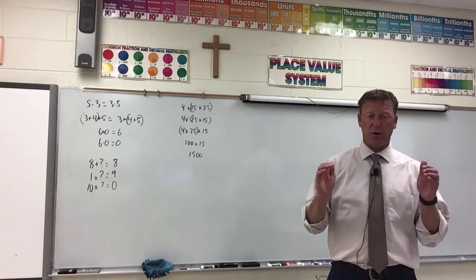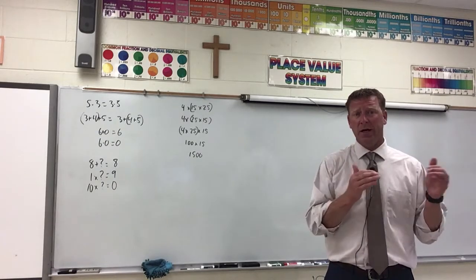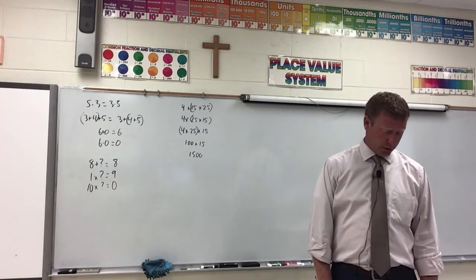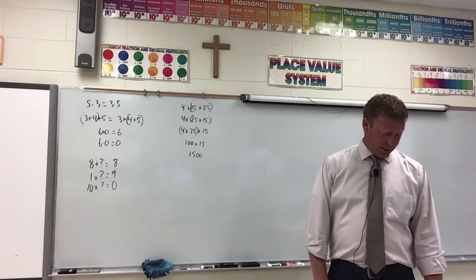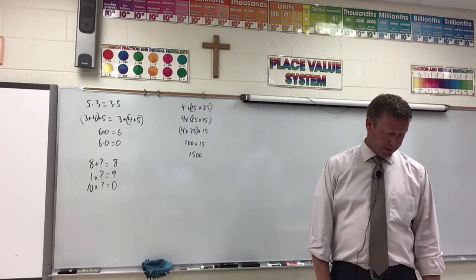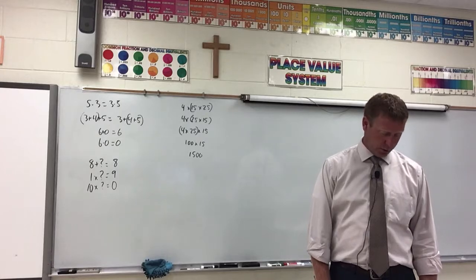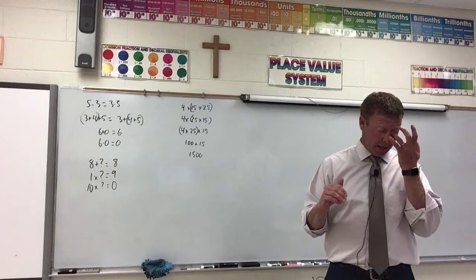So lots of times you've been taught parentheses mean do that first. And we're going to learn that when I do that, it doesn't really matter. See, 2 plus 3 plus 4 equals 5 plus 4 equals 9. If I switch the parentheses and do that first, I have 3 plus 4 is 7, and 2 plus 7 also equals 9. So it didn't matter which one I did first, I still got to 9.